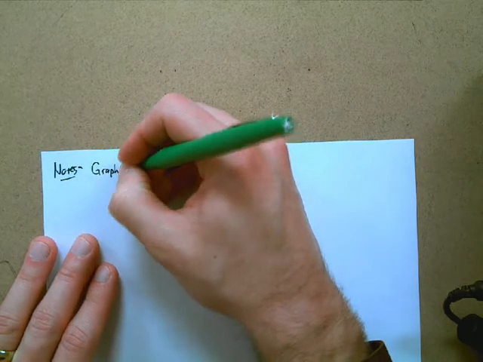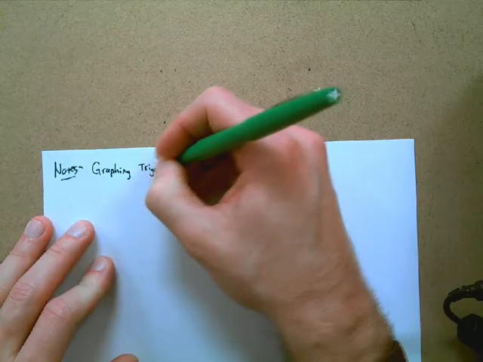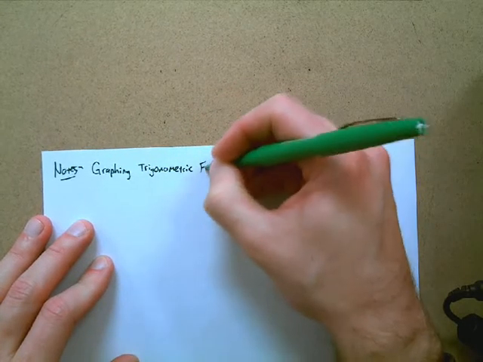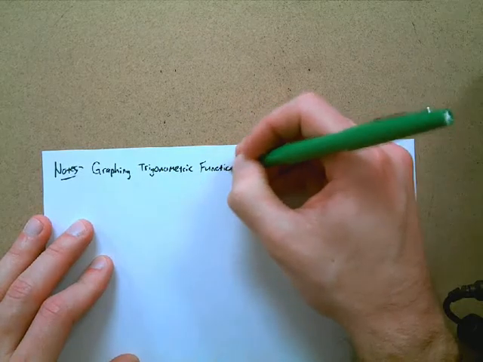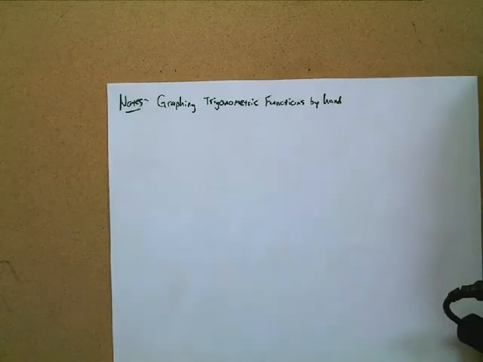Now we're going to be graphing these things by hand, or sketching the graph, of course. And again, just like we did with evaluating trig ratios, we're going to start looking at just sine and cosine, because those two graphs are fundamental to help us figure out all the rest.